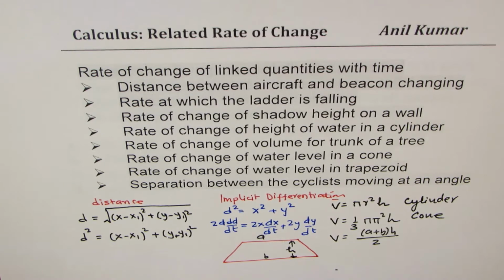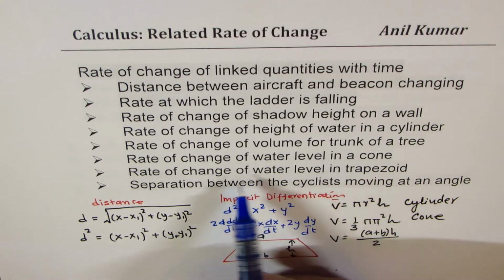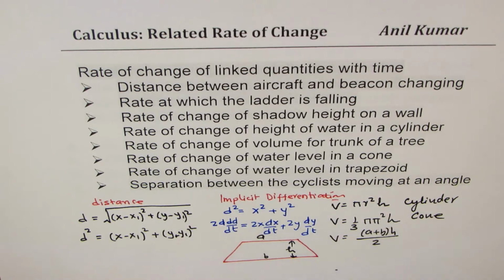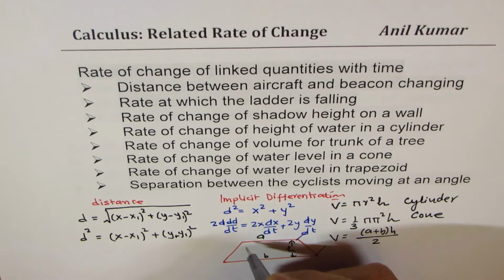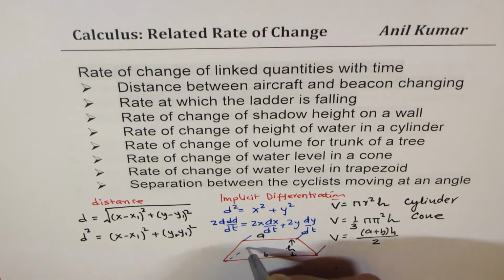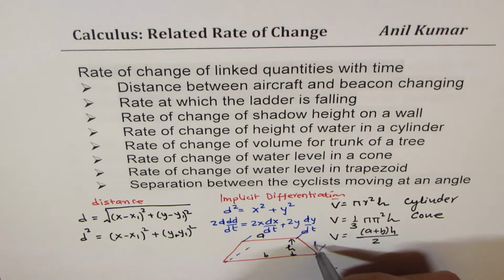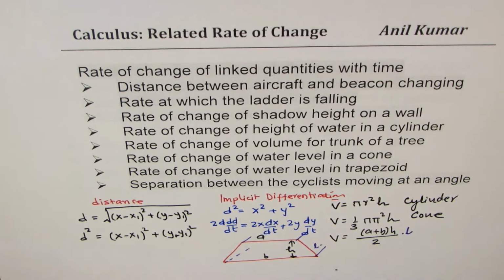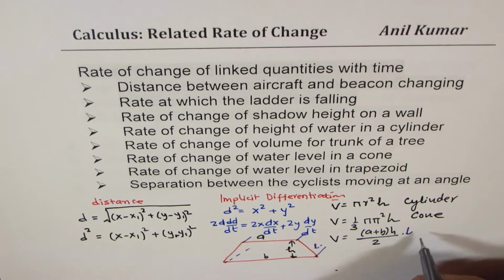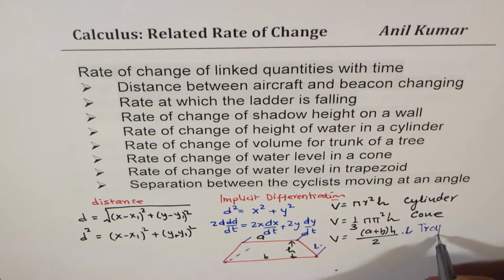And now when we talk about a trough, it could be of length L. So that is the area of cross section. If we have some water being kept in this kind of a thing of length L, it gets multiplied by length to get the volume, correct? So that is for trapezoid.